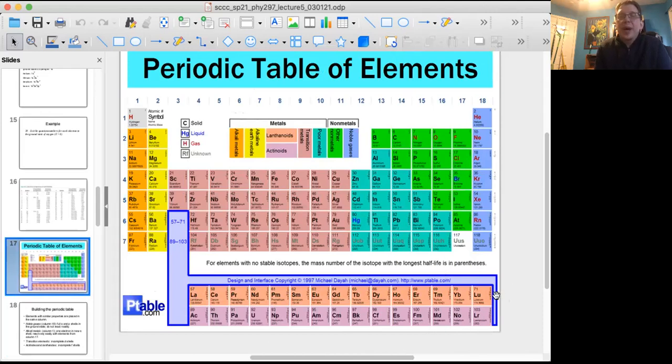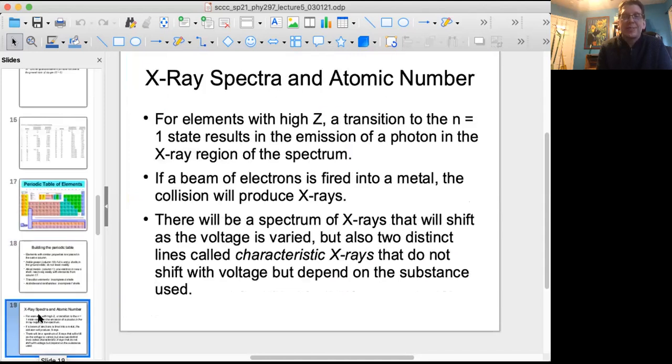And so we go all the way, and you see we're as far as 118 with this periodic table, although a lot of where the writing is sort of gray instead of black, those don't really exist in nature. And they can be created in the laboratory in very short lifetimes.